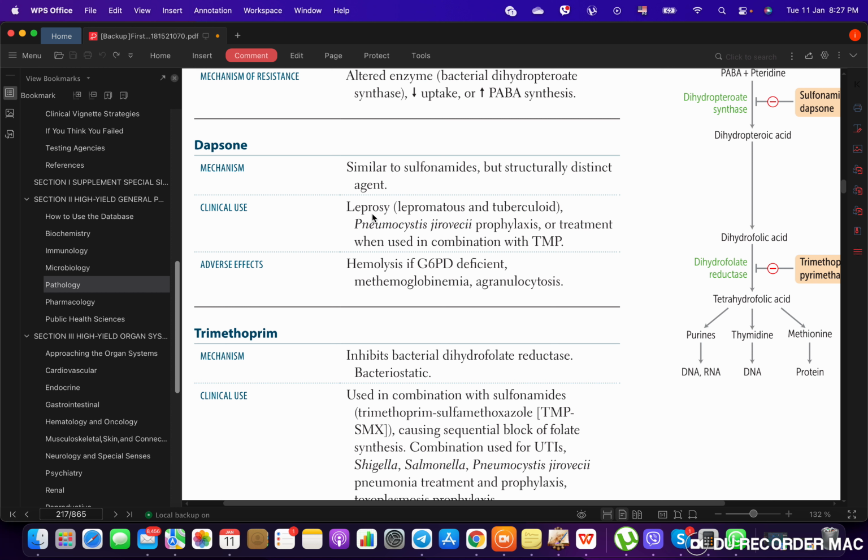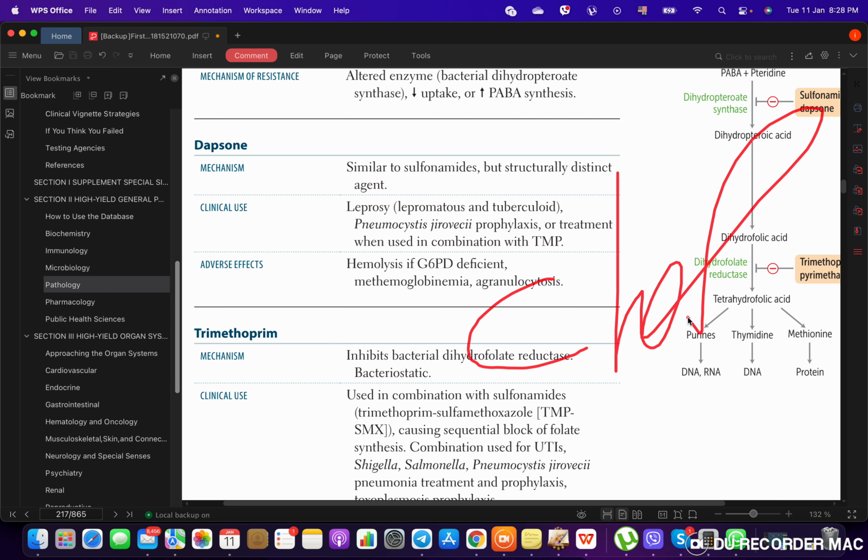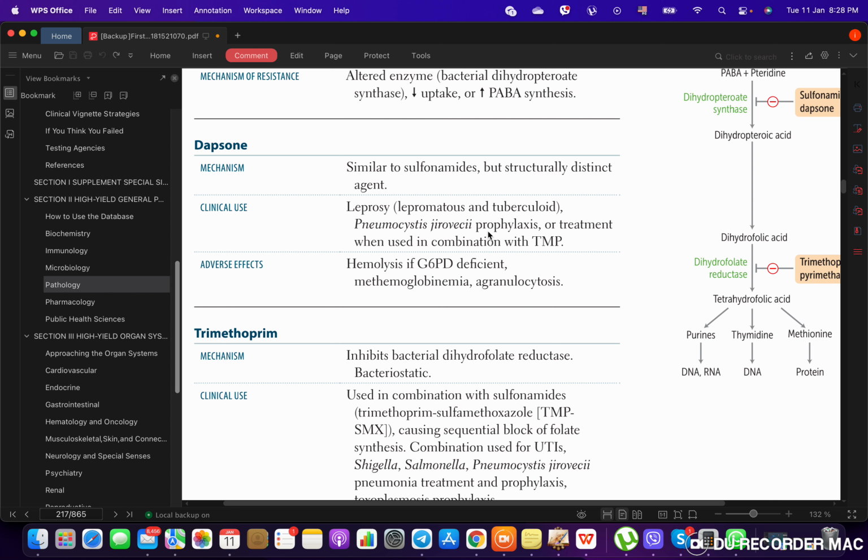We use it for leprosy, for both lepromatous and tuberculoid forms, but to be fair, it's more for the tuberculoid form, because the lepromatous form has another drug whose name you must know. It starts with, yes, clof. I actually cannot remember, clofazimine or something like that. I just remember that it starts with clof.